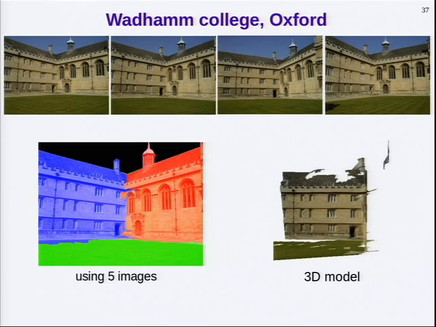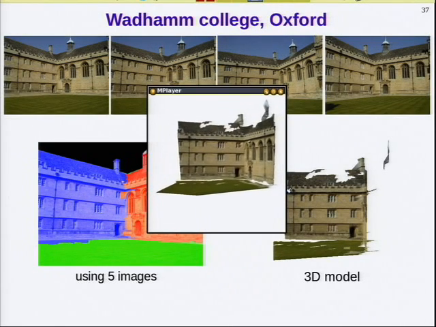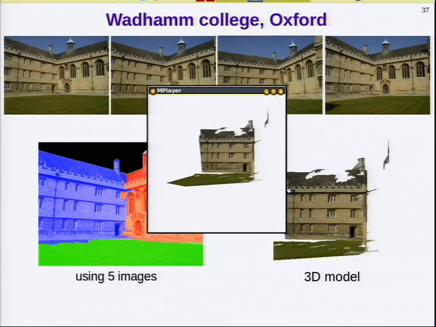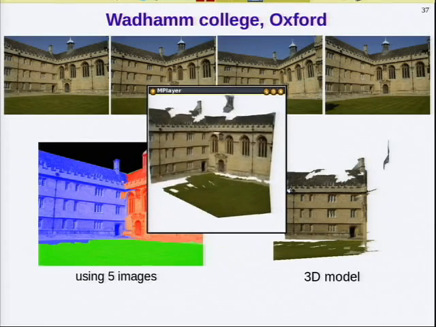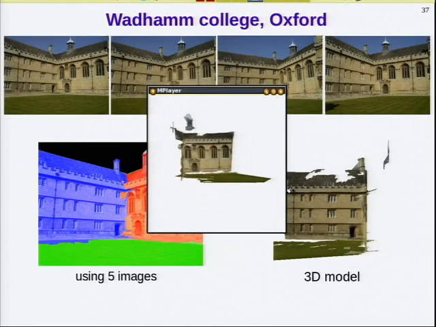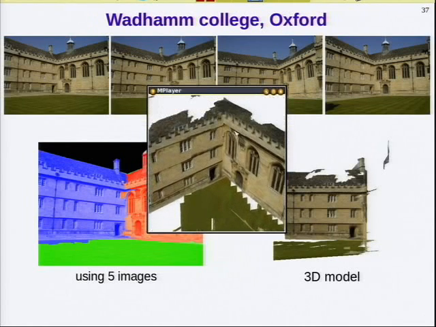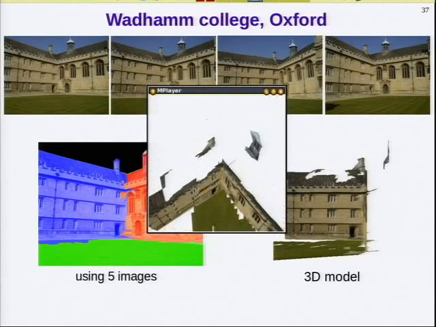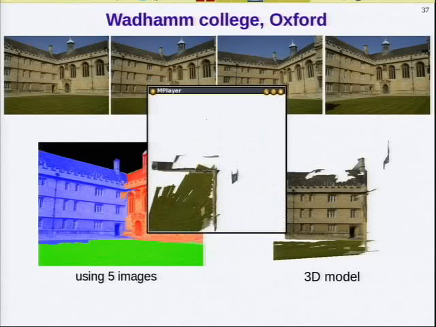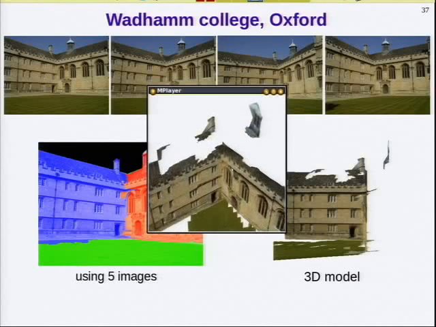So the method assigned the roof to the closest normal. It can be seen in the video that all the superpixels lie perfectly on the plane, and even the chimneys are correctly reconstructed. The roof is not, because we did not allow the normal which is perpendicular to the roof.